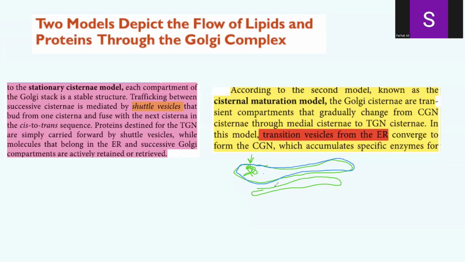So now the same cisterna will develop into the medial cisterna. Then later, when those modifications have been done, the same compartment will accumulate more enzymes, which will be required for the next round of modifications. Hence, this will turn into the trans Golgi membrane. So in this manner, the cisternae are under continuous remodeling by accumulating specific types of enzymes which are required for a certain type of modification.